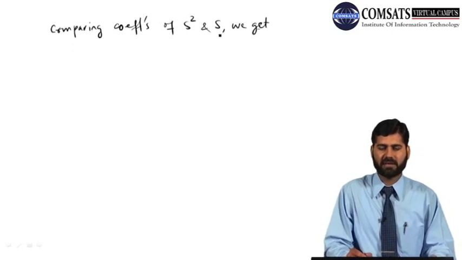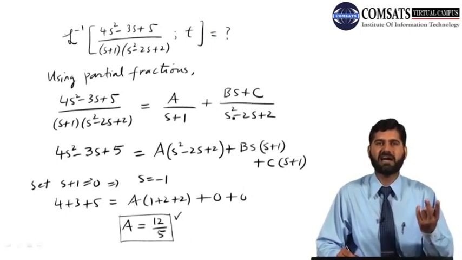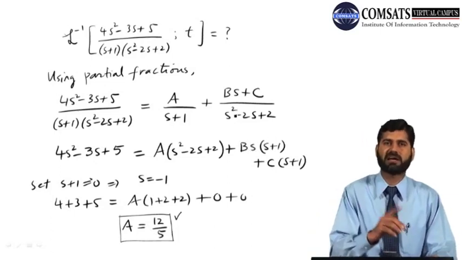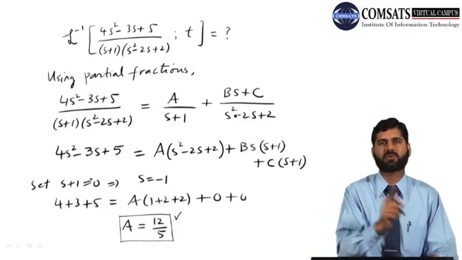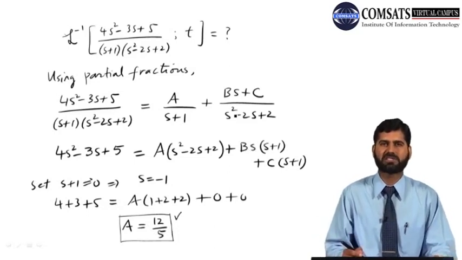Why I cannot compare other? Because I am left with only 2 more coefficients. So I need just 2 equations. One is done. I need B and C. So I can compare either s and constant, or s square and s, or s square and constant. Any 2 equations which involve B and C both.